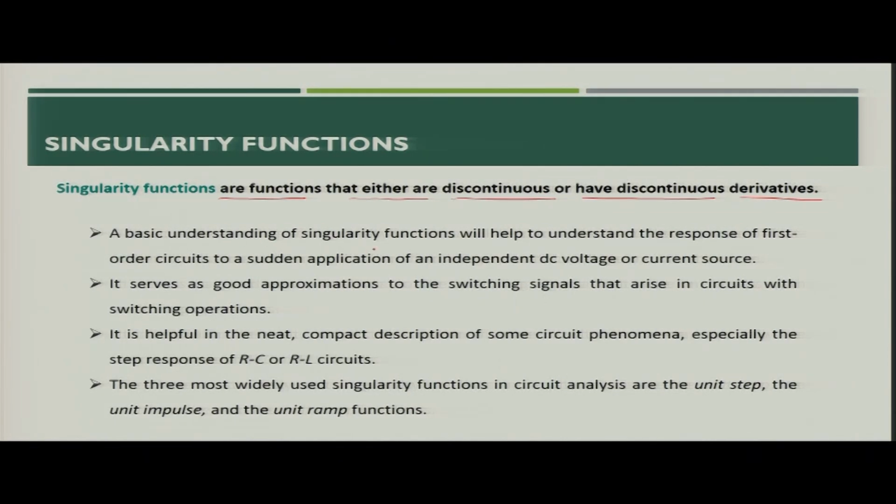Now, the basic understanding of singularity functions will help you to understand the response of a first order circuit to sudden application of an independent voltage or current source. In the circuit, when you apply either a voltage or current source, it is applied suddenly.